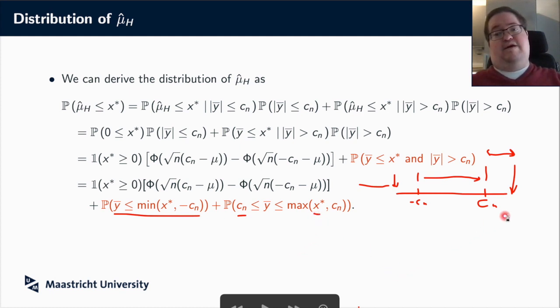But I also realized that if I was here in between with x star, then I should not count anything. So I should only start counting when x star is above Cn, and that is why we have this maximum over here. Note that if x star is below Cn, then the probability of y bar being between Cn and Cn is of course just equal to 0.